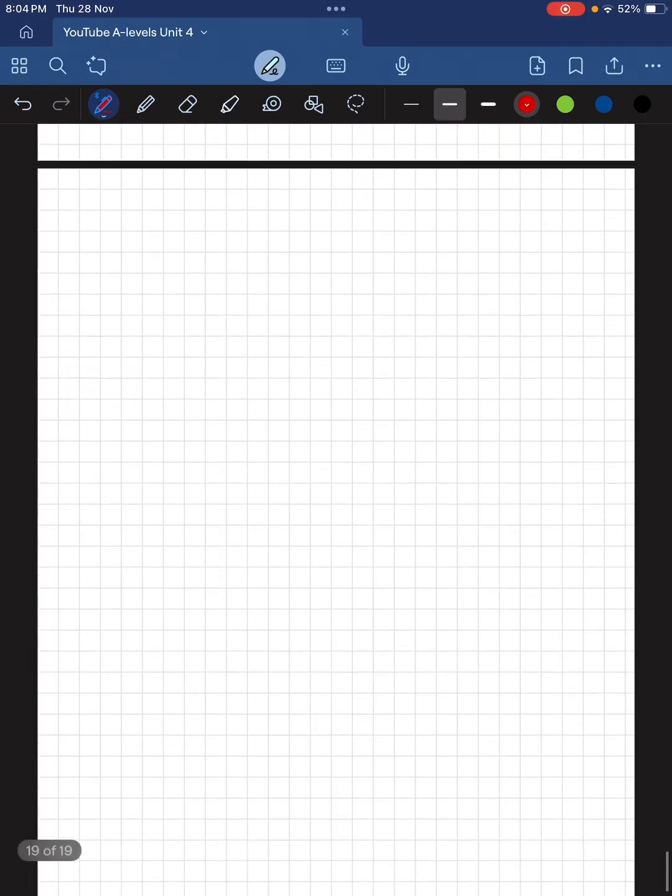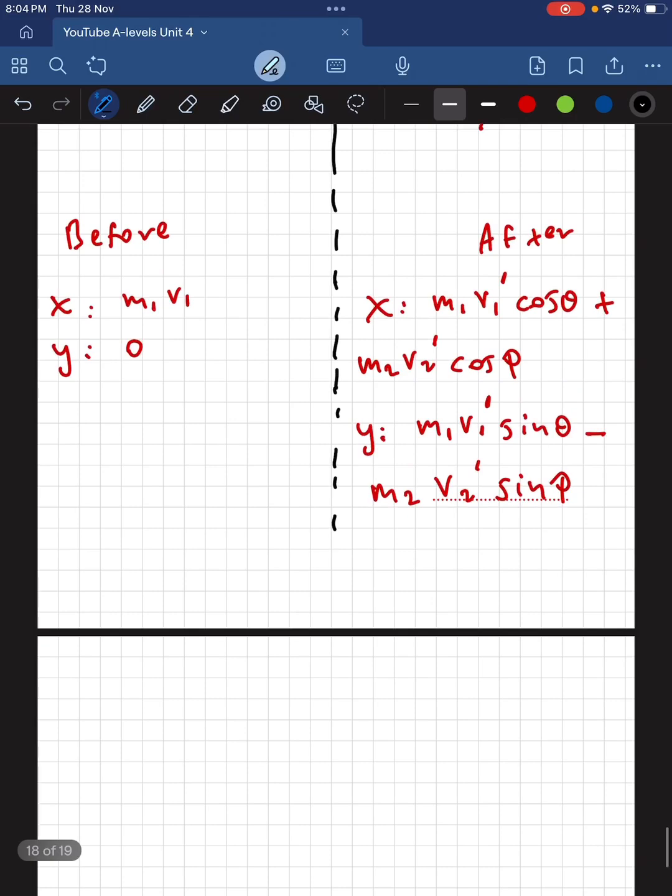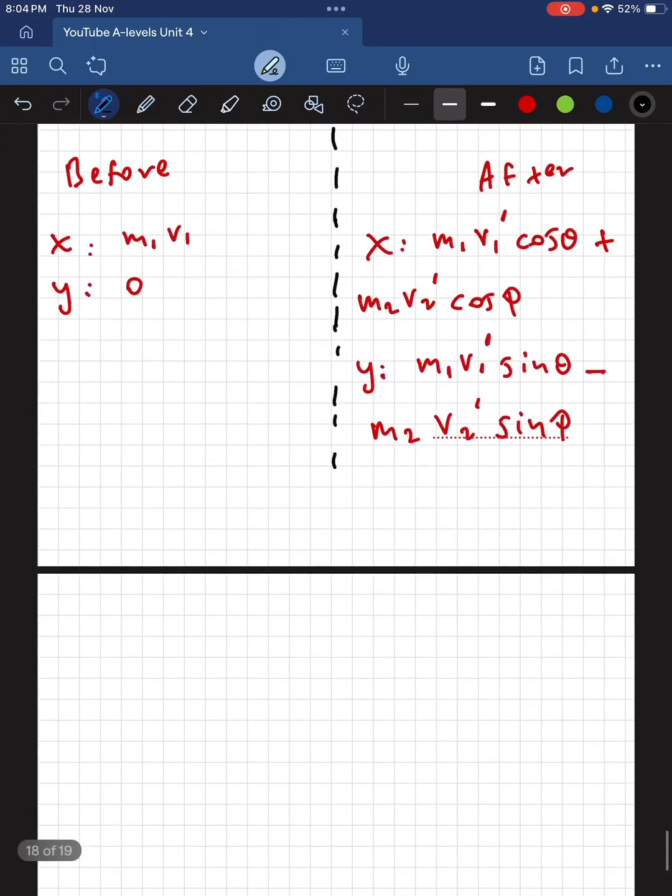All right, so as I promised, you then apply conservation of momentum in the x direction and in the y direction independently. So for the x-axis, you have m1 v1 equal to m1 v1 prime cosine theta plus m2 v2 prime cosine phi.